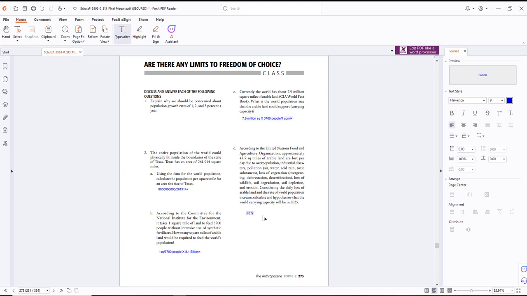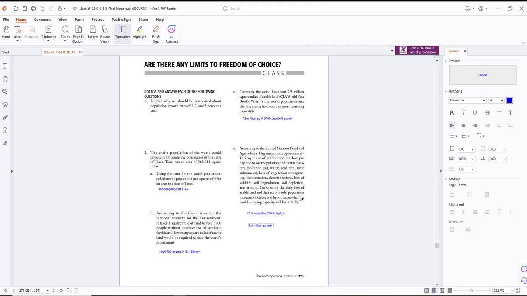If we're losing 43.5 square miles per day, and there are 365 days per year, then you have to calculate how many are lost per year. And then from there, take the amount of arable land, so we have a total of 7.9 million square miles, and then you have to subtract that per year.